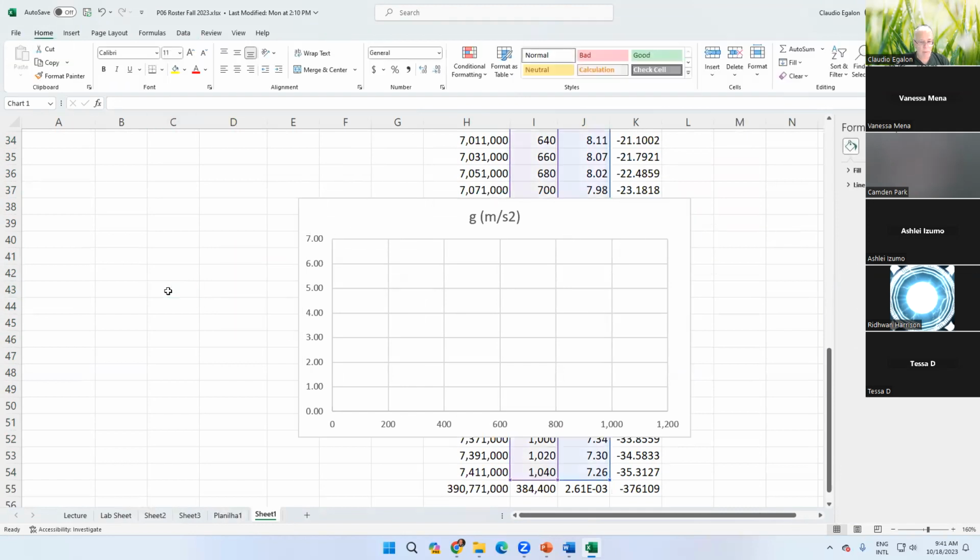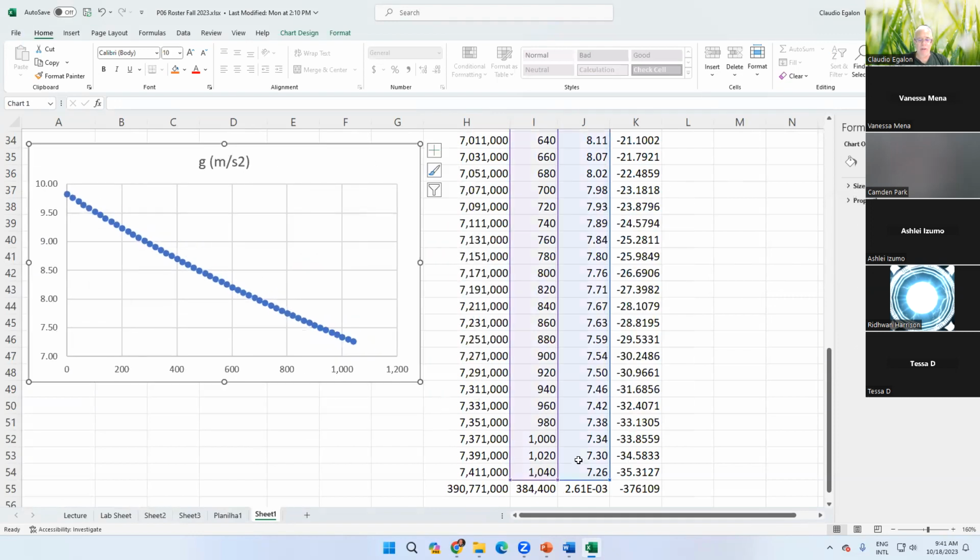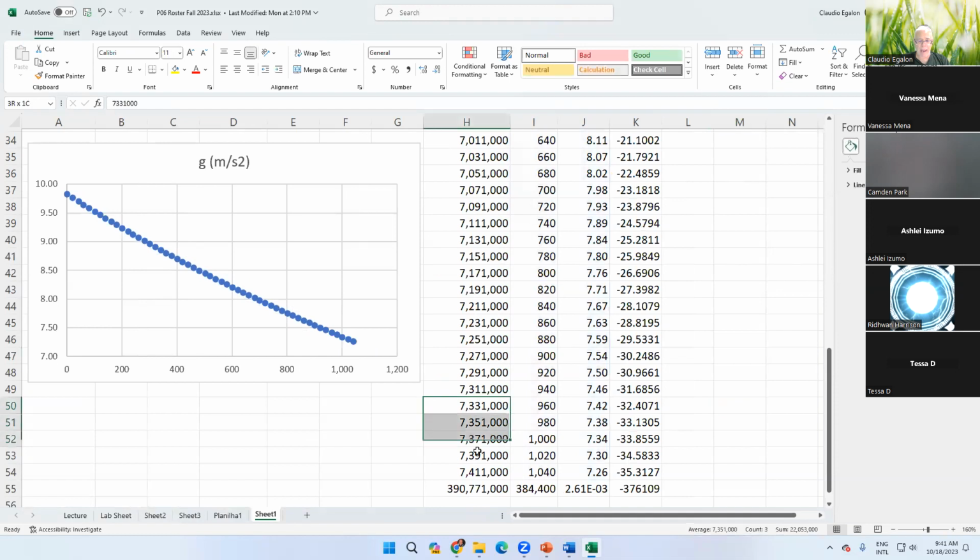Let's see. Yeah, it's not linear. If I keep on increasing here, you're going to start to see the sort of concavity here. Let's keep on increasing.